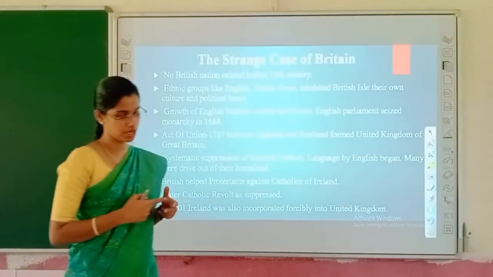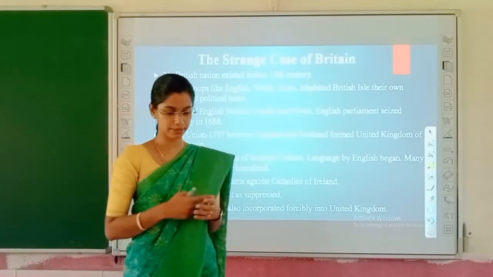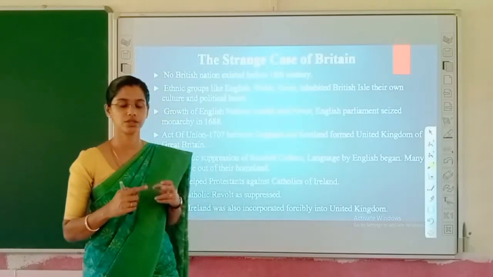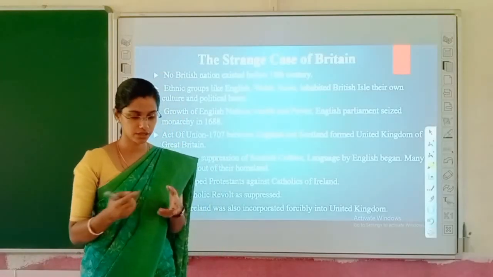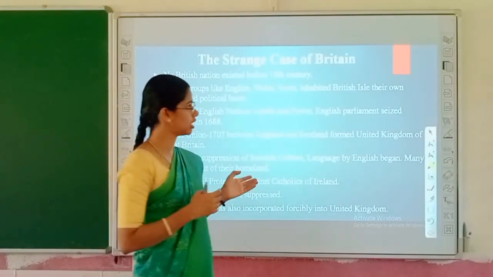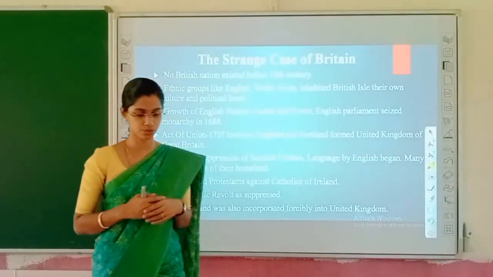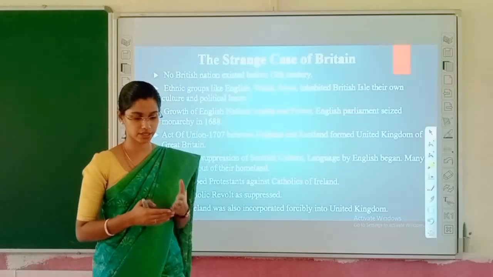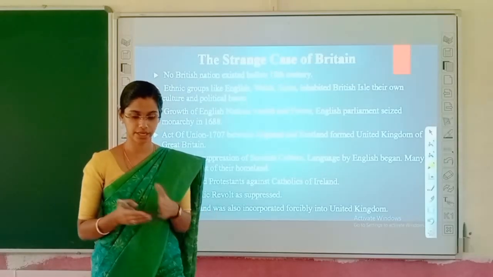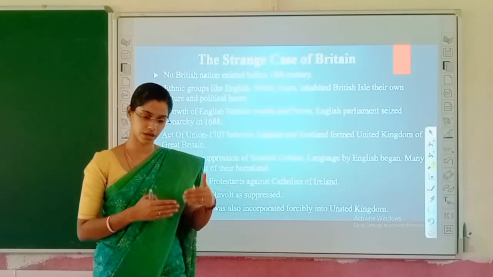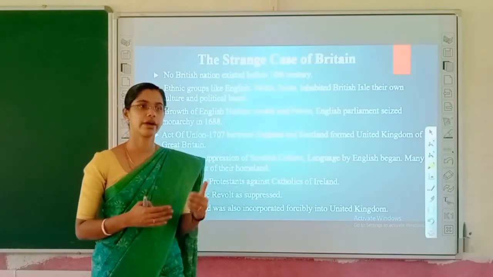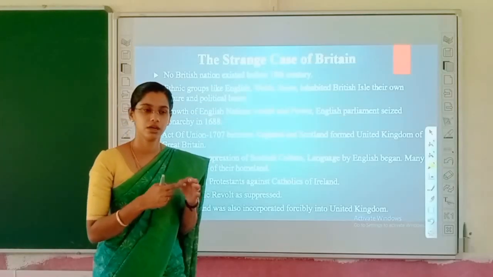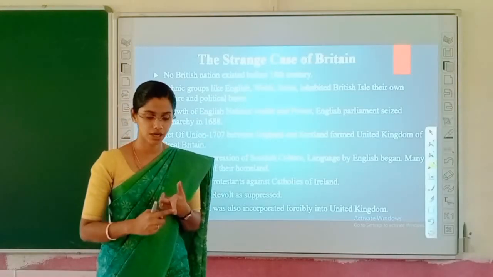The British Isles were inhabited by the ethnic English, Welsh and Irish, and the English nation grew more in power and wealth, and began to exert influence over the other nations of the islands. That means the English nation got political dominance and, at the same time, economic development.